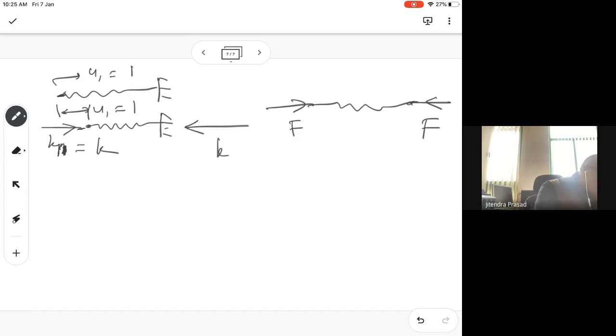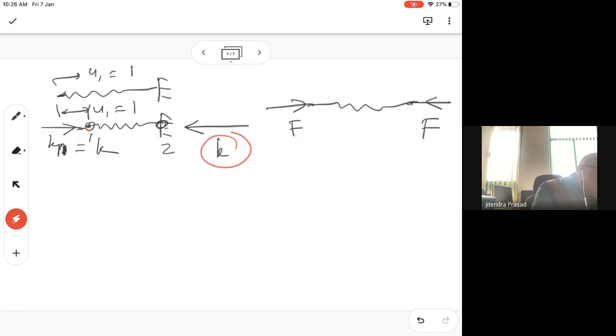So what is this K? This K is the force required at node 2. See here, this is node 2, this is node 1. So force required at node 2 to induce unit displacement here.